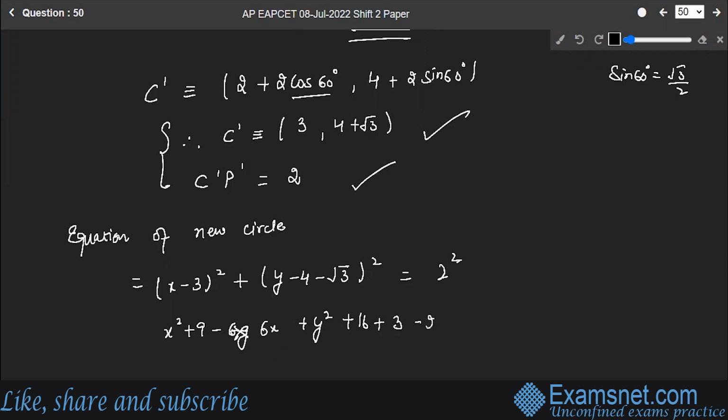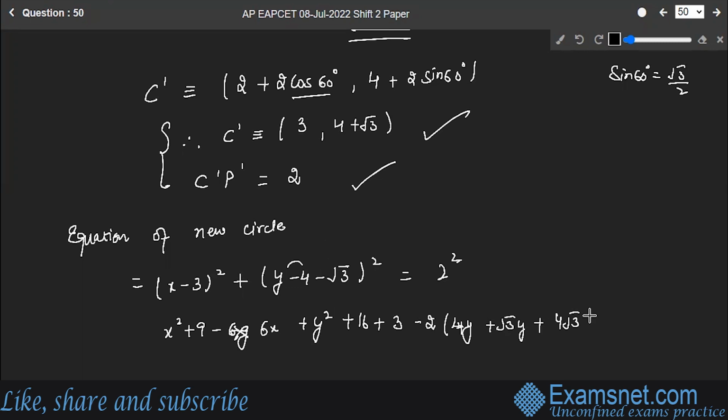Here you will have minus 2. This will be 4y, not minus, plus 4y plus root 3 y. Plus we multiplied this. Then plus 4 root 3.